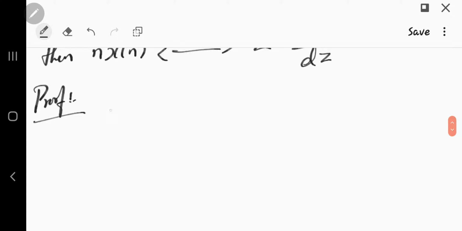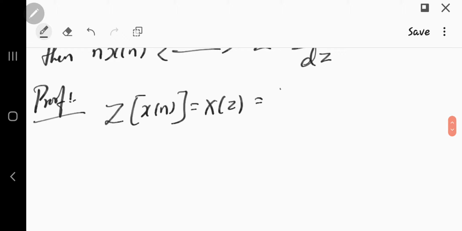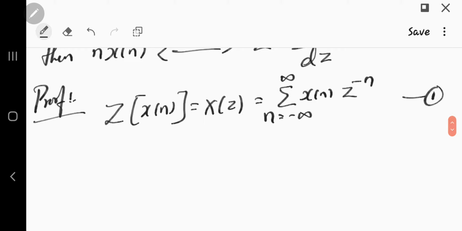Taking the proof for this, Z transform of x of n, which is nothing but x of z, is equal to summation n varying from minus infinity to plus infinity x of n z to the power of minus n.